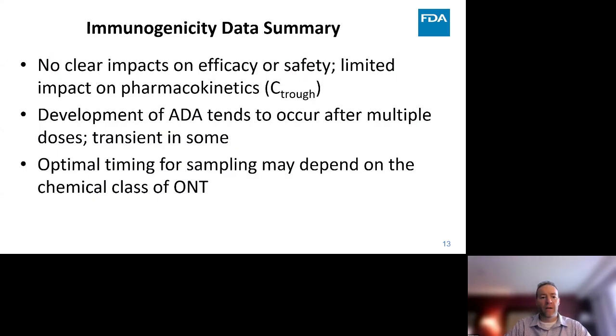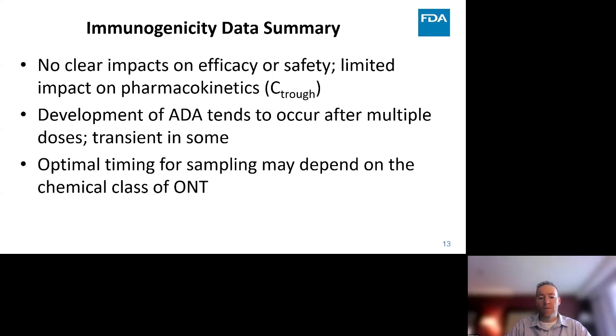Looking in summary again at our current database, there have been no clear impacts on efficacy or safety, and there are some limited impacts on the pharmacokinetics of these compounds where there was anti-drug antibody positivity, specifically increased C trough. Development of anti-drug antibodies tends to occur after multiple doses, and it is transient in some. There are some learnings there from single dose studies, about what can be gleaned.